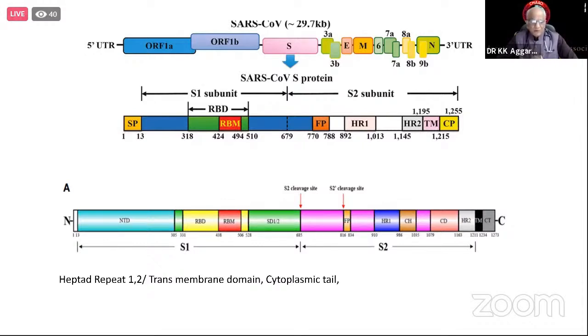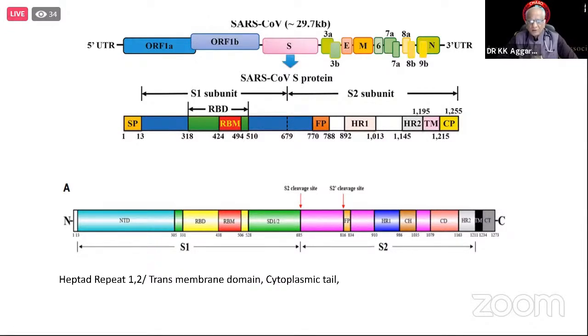If NTD is important, then it becomes very important for us to have antibodies against NTD. Once we have understood the role of NTD, next Saturday we will discuss the non-S part of the virus. What is the importance of ORF1A and ORF1B, against which we are not making antibodies at all?